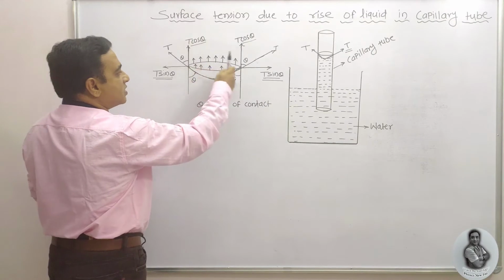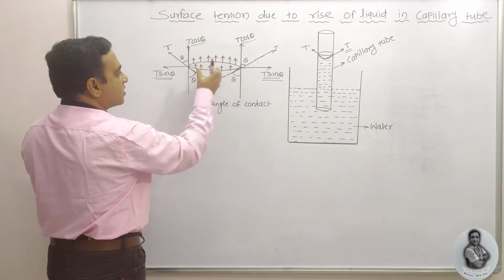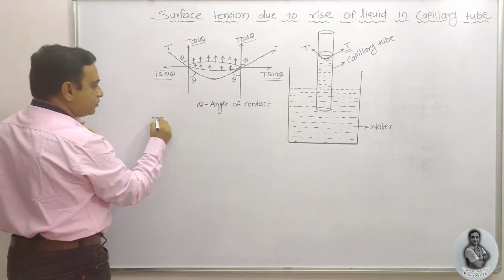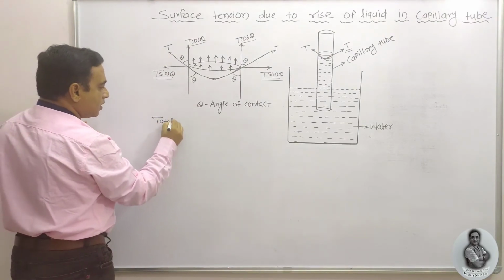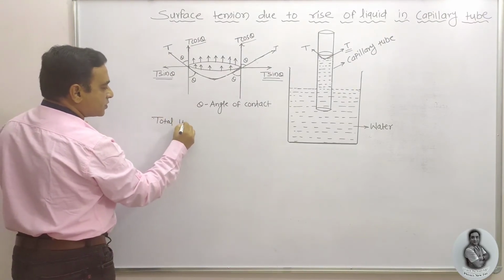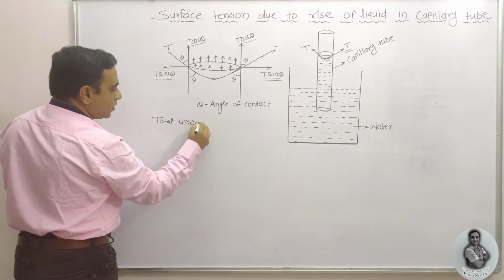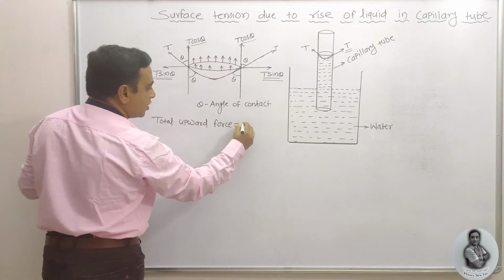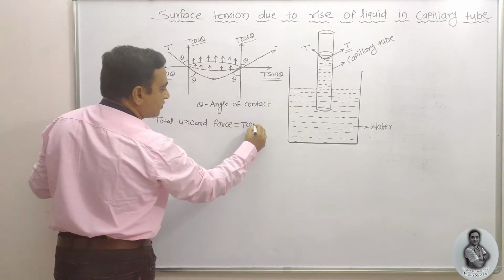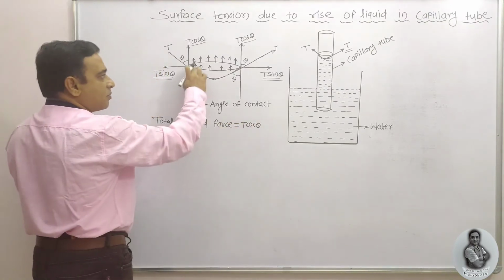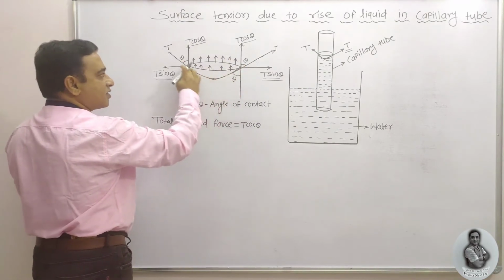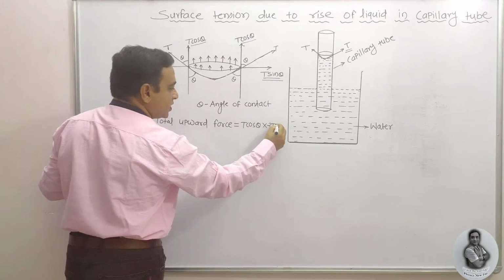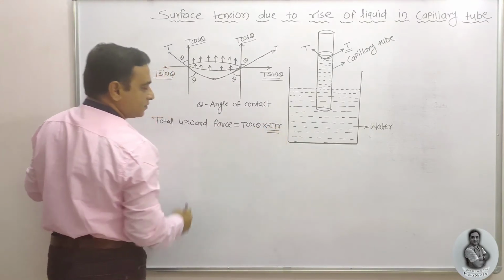Considering the total surface as a circle, total upward force is equal to T cos of theta, but total upward force along the circumference of the circle, so multiplied by 2 pi r. This is the circumference of the circle.